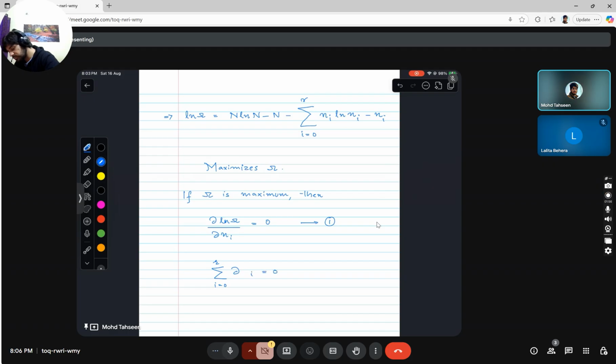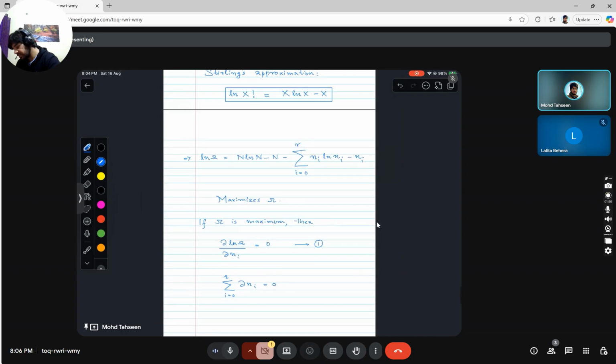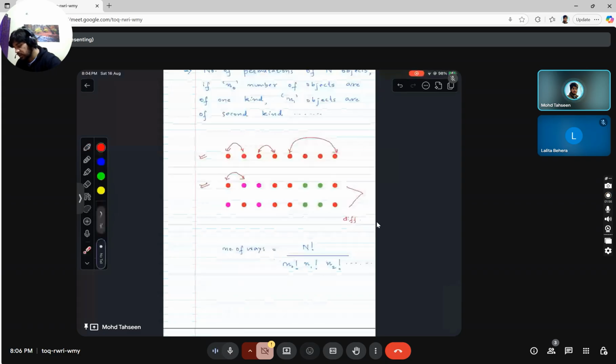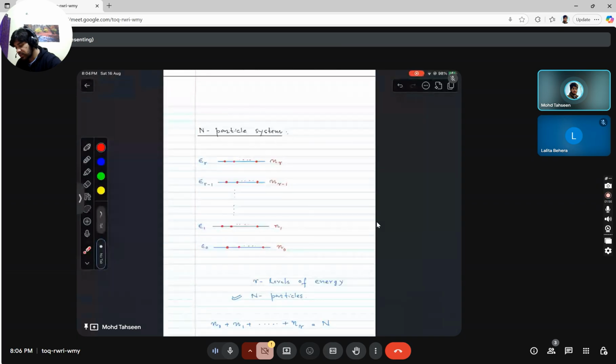this should be 0. So what it basically means is, since the number of particles is fixed, if you take this particle here, then the number of particles here will be n1 plus 1, and here it will be n0 minus 1, right? So this level lost one particle, this energy level gained one particle, but the total number of particles will be the same, okay?